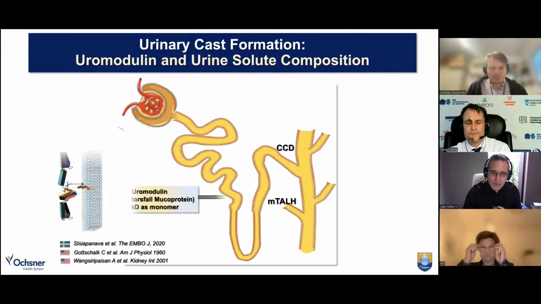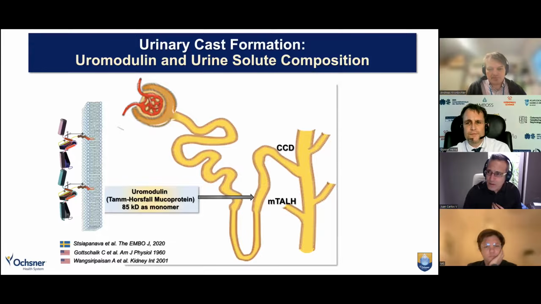Starting very briefly, to remind ourselves how casts are formed in the tubules, there is a molecule called uromodulin that is synthesized as a monomer by the cells localized in the medullary thick ascending loop of Henle. The role of uromodulin is still not fully known, but in the beginning it was considered to be sort of an adhesion molecule.